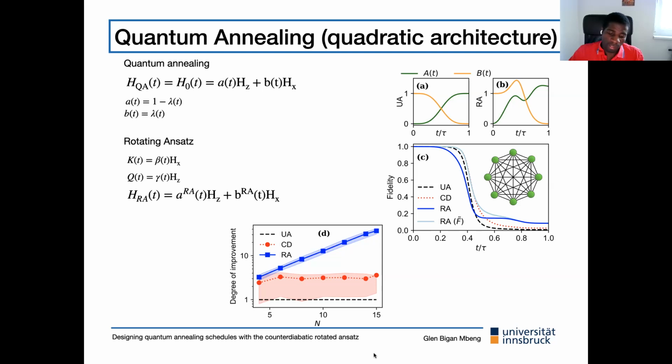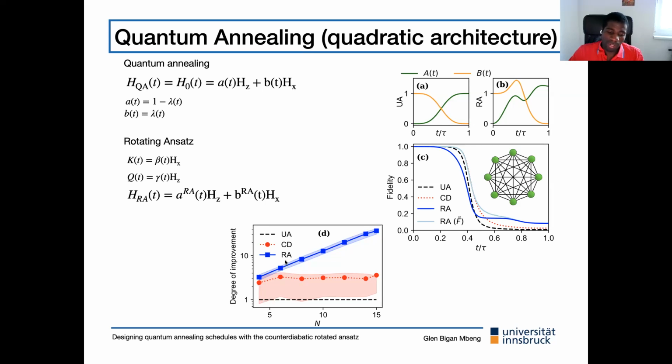And when we look at different system sizes, how this scales, we see that the red dots, which correspond to the local CD approach, which is the other one that can be implemented, still, as we showed before, do not show any scaling advantage over the baseline, which is the unassisted approach.